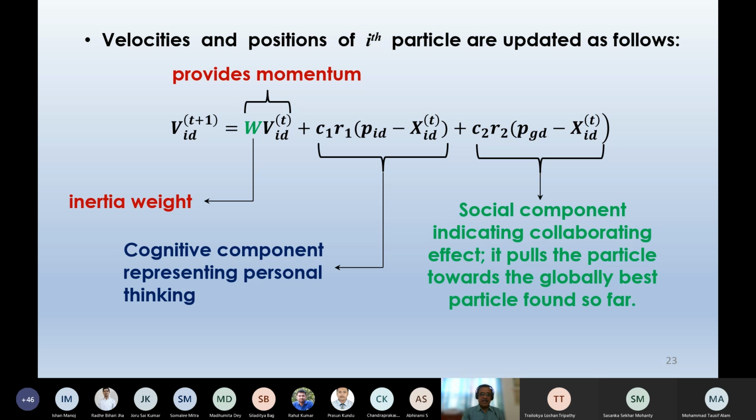So initial momentum, cognitive component, and social component: if all the three things are active, then only you can improve. Otherwise, there is no chance. So be careful about that. Whatever I'm teaching, if you just stop there, everything will go to waste.